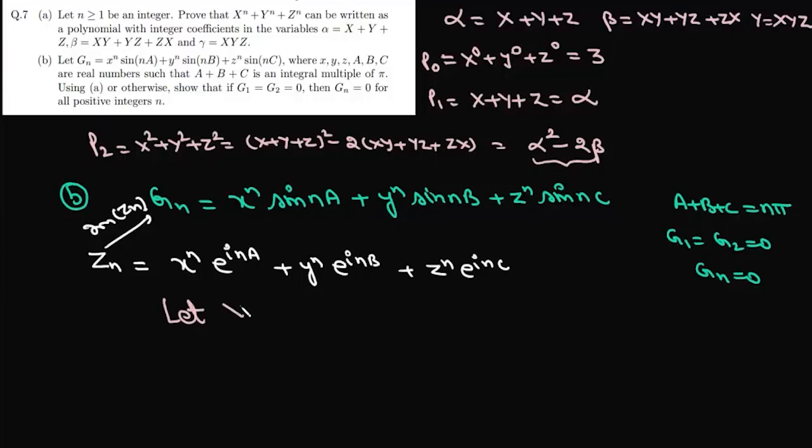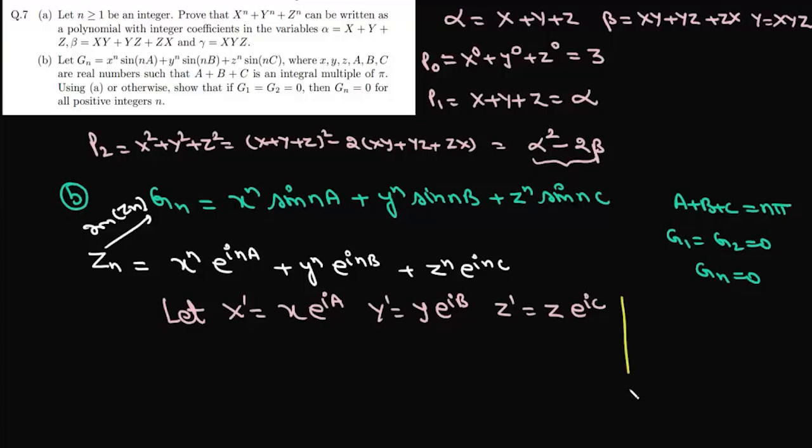So here what we're going to do is, we're going to let three separate variables. Let x dash be x e to the power iota a, y dash be y e to the power iota b, and z dash be z e to the power iota c.